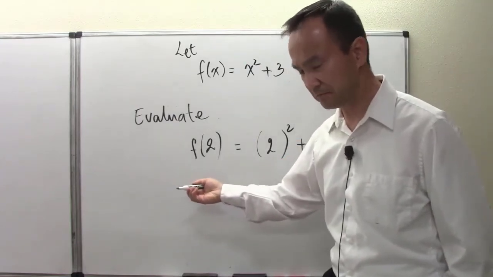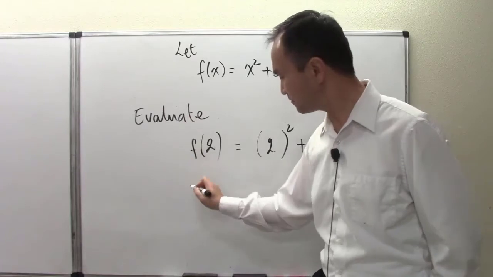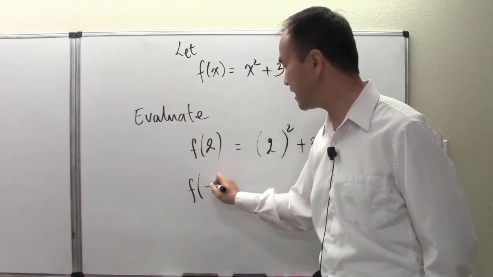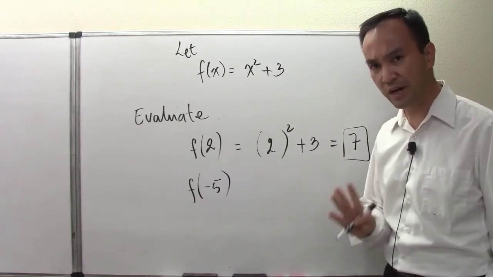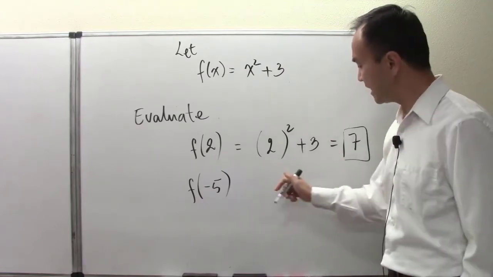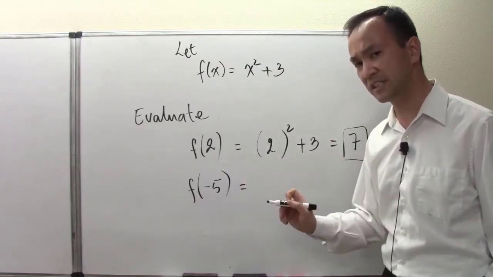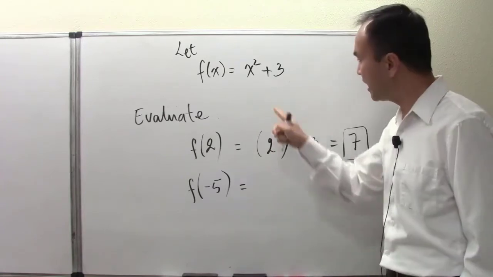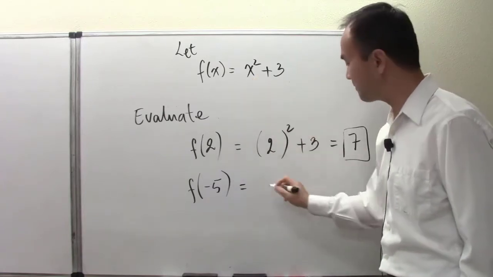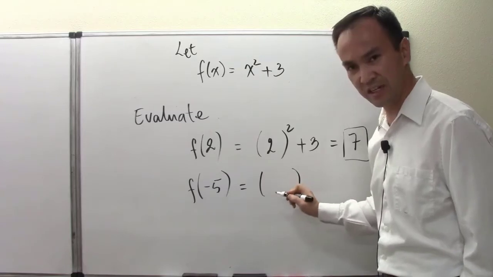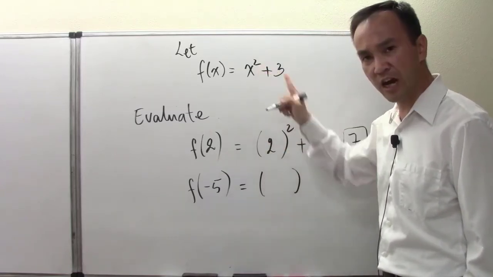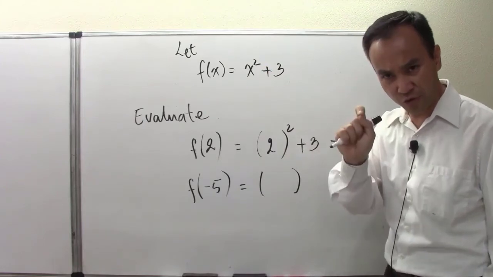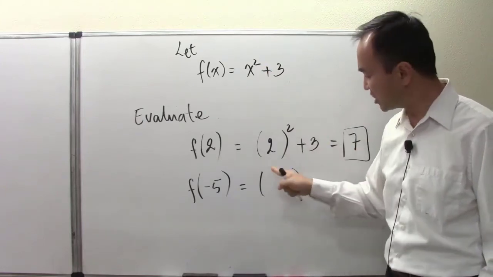How about again, evaluate as a separate problem, f at negative 5, for example. And this is where I really emphasize again that anytime we're substituting an input value into our input variable, use parentheses. It will guarantee that whatever operation our function's rule calls for will affect the sign as well.